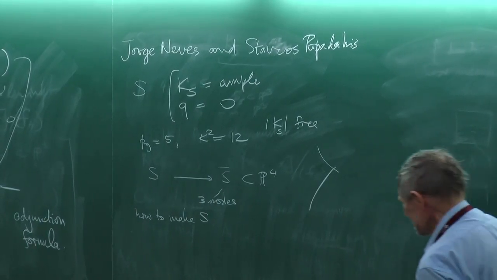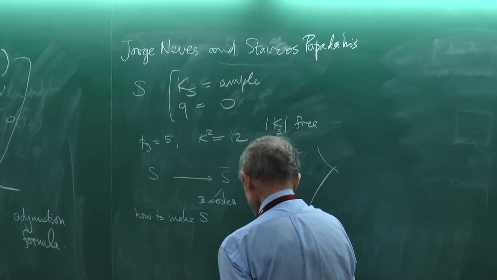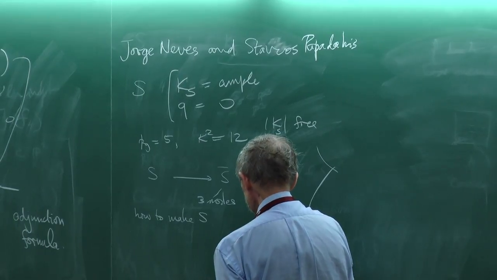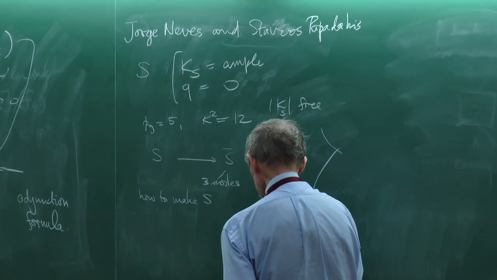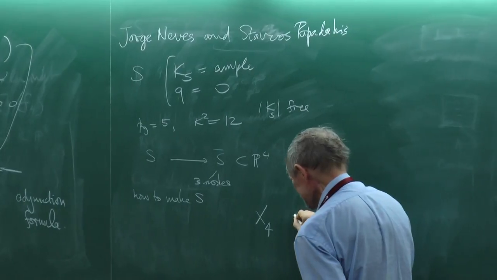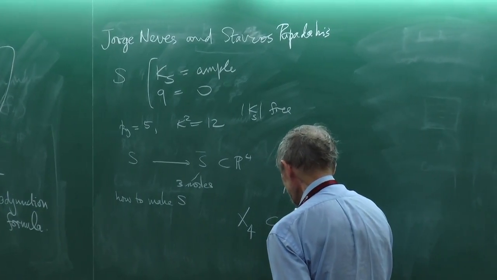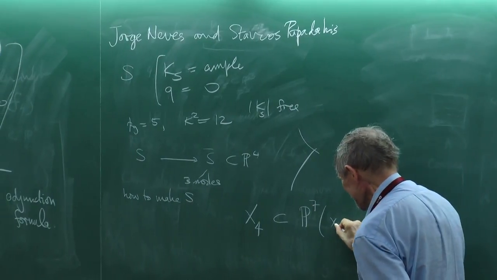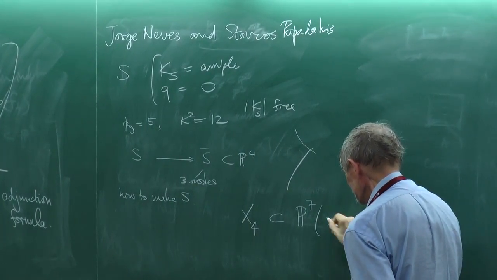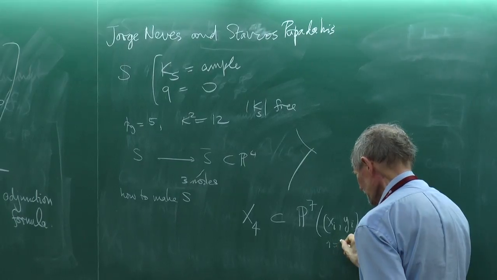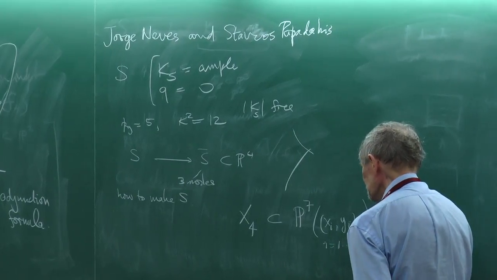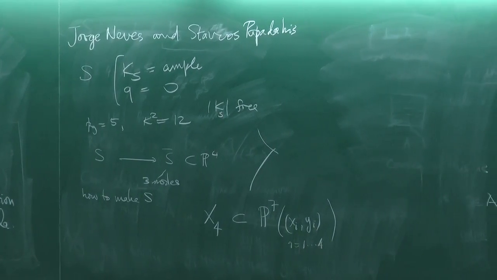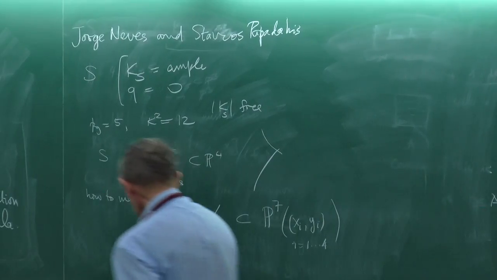And so what they do is say this. They say, let's start off from X4, a hypersurface of degree 4, contained in P7, and the P7 has coordinates x_i and y_i, i equals 1 to 4. Yes?